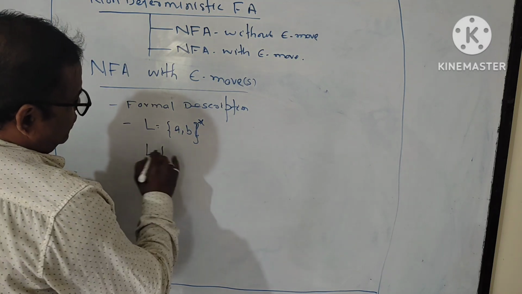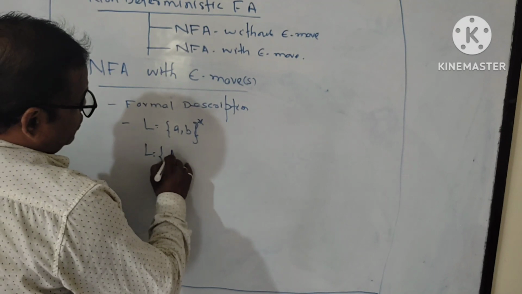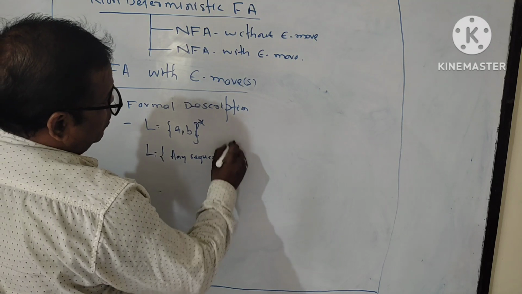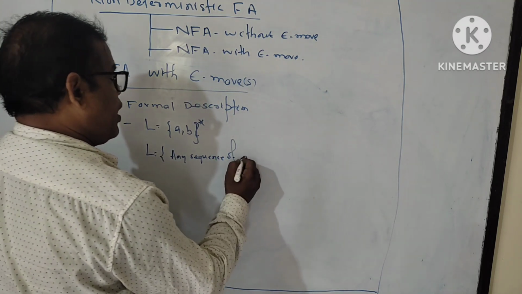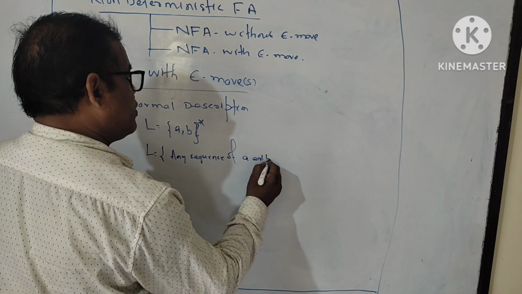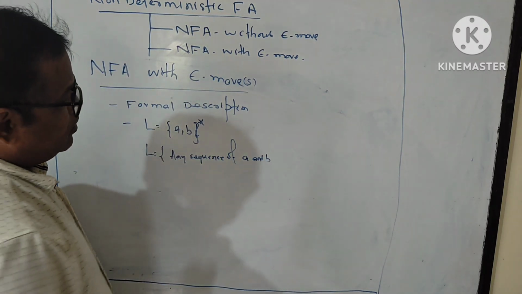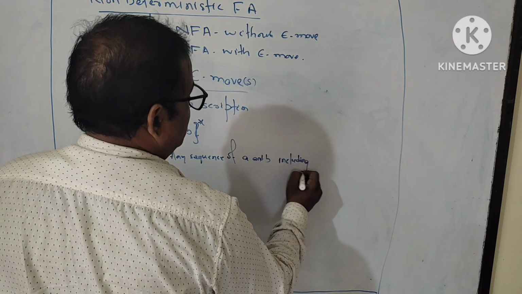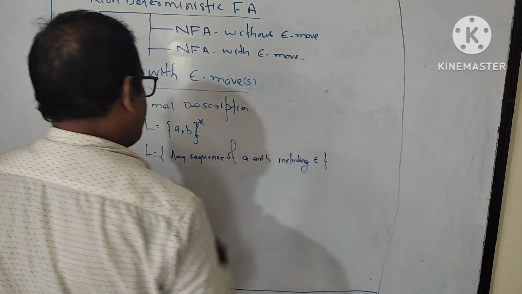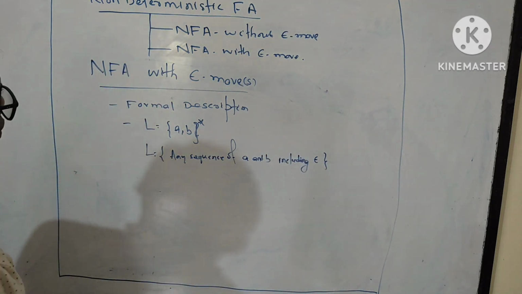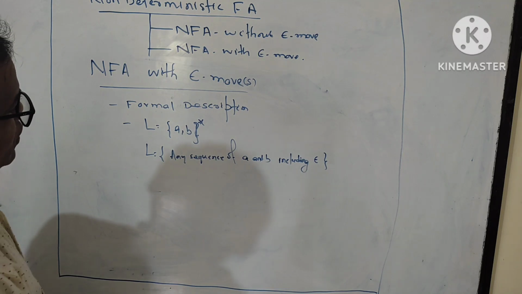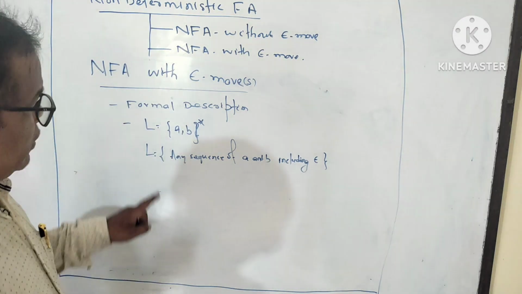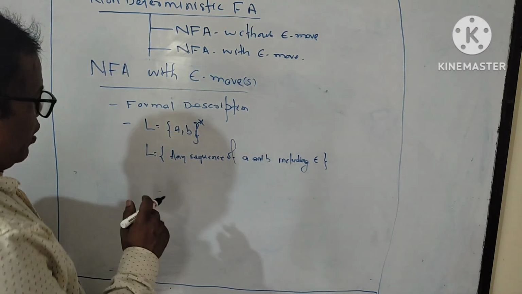L is any sequence of A and B including epsilon. Let us design a machine to accept this language. How will we do that?